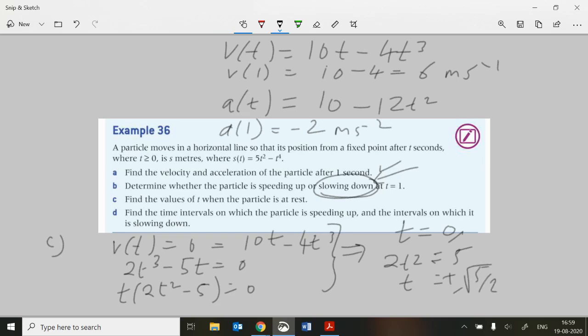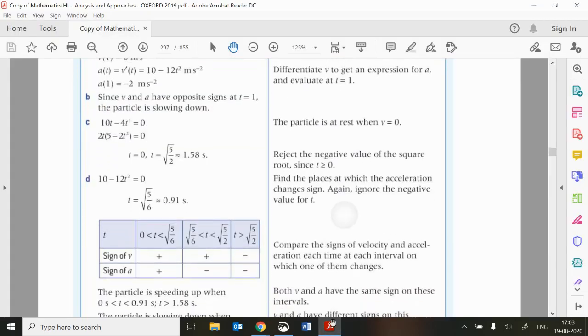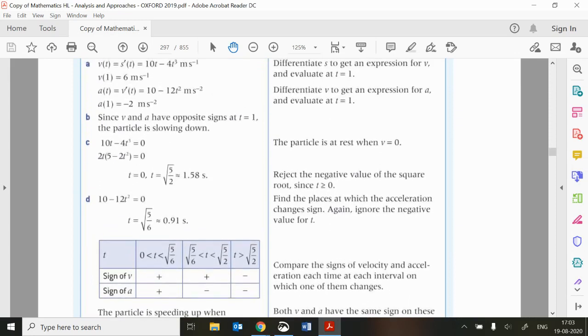It can't be the negative, because t is greater than or equal to 0. Checking with the book, the square root of 5 over 2 is roughly equal to 1.58 seconds.